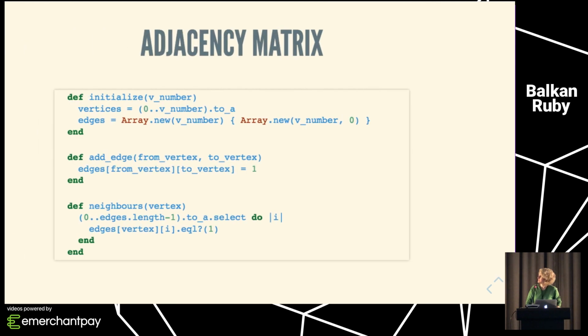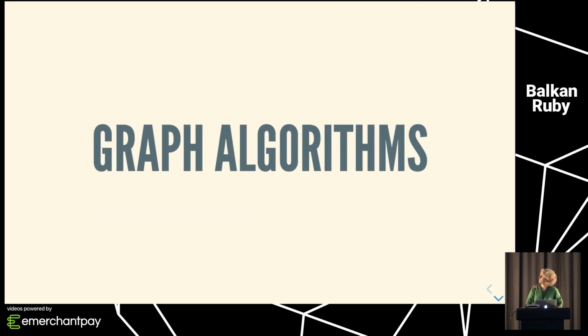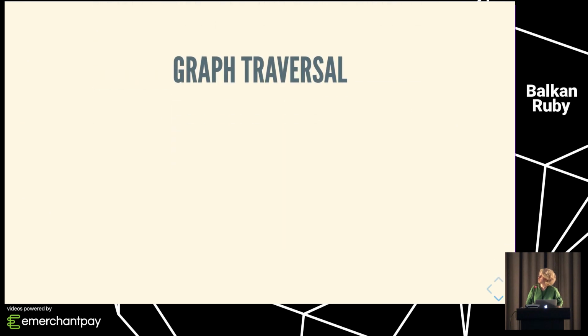So with this setup for the graph class, we can start talking about some graph algorithms. During the talk, I will talk only about graph traversal algorithms because there is not enough time to talk about a lot of other stuff, and also because the graph traversal algorithms are the basis of the rest of the algorithms.